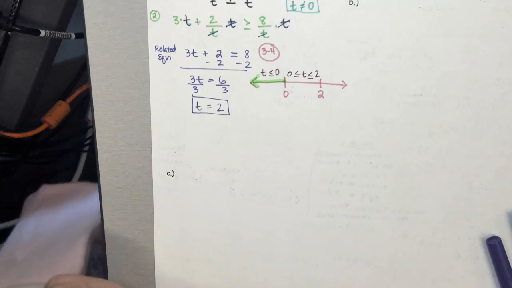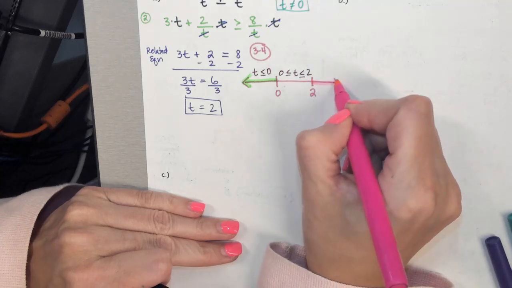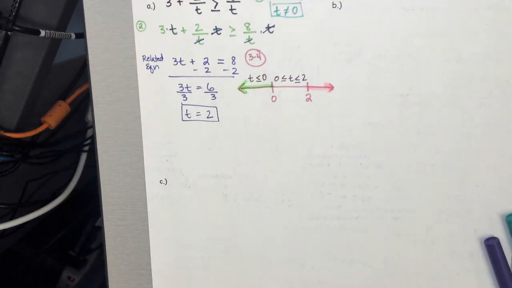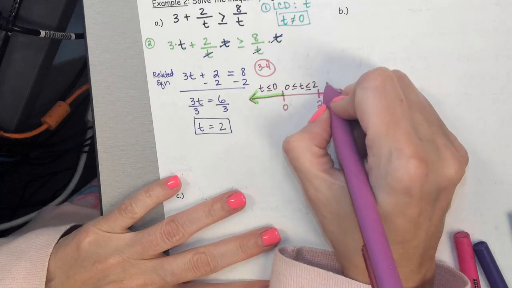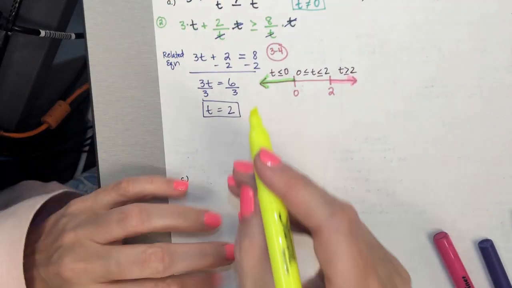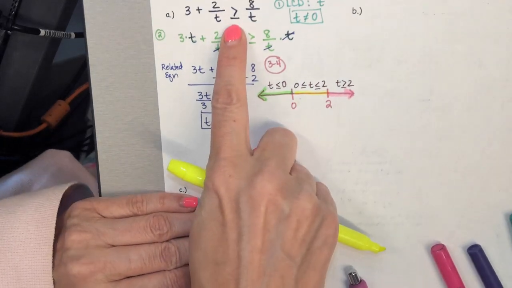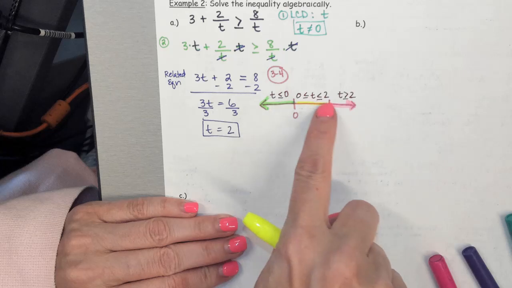And then your last interval is t is greater than 2. So you have to find which one of these is true and which one is false. If it's equal to here, then you're going to have equal to in these intervals.